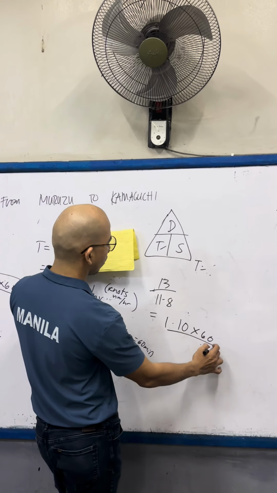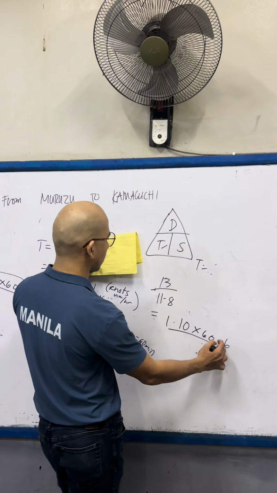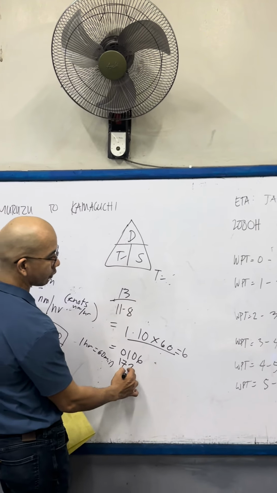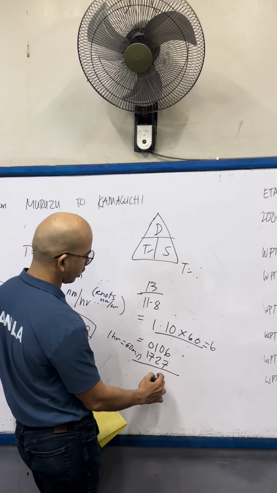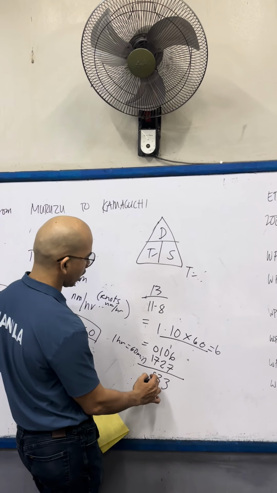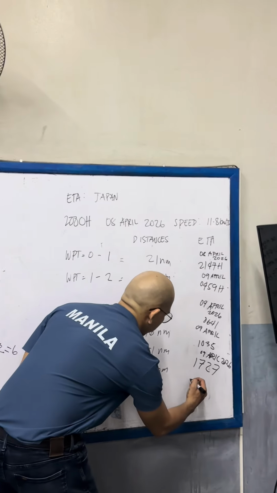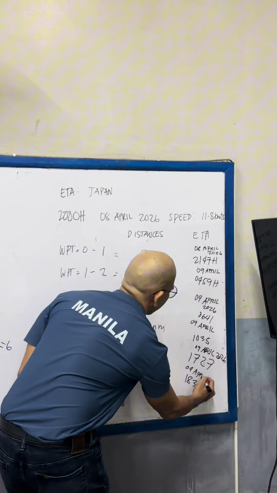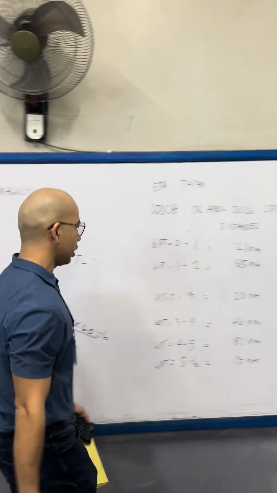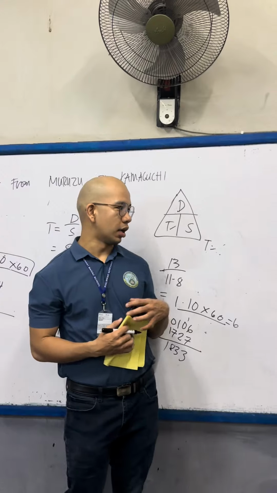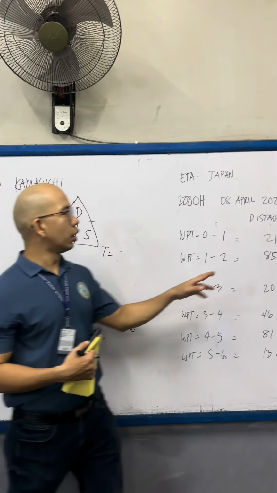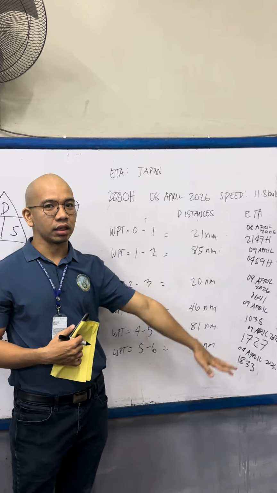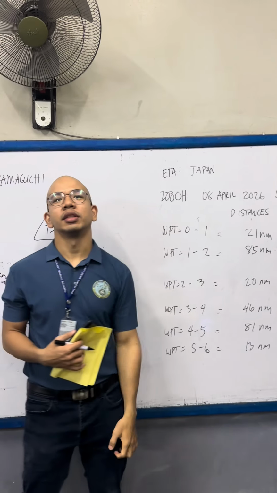The 0.10 is 6 minutes, so 0106. We add that to 17:27, so we arrive at 18:33 on the same day, 09 April 2026. That is how we do the ETA calculation. Always add to the last time you computed; don't go back to the departure time. That's all. Thank you.